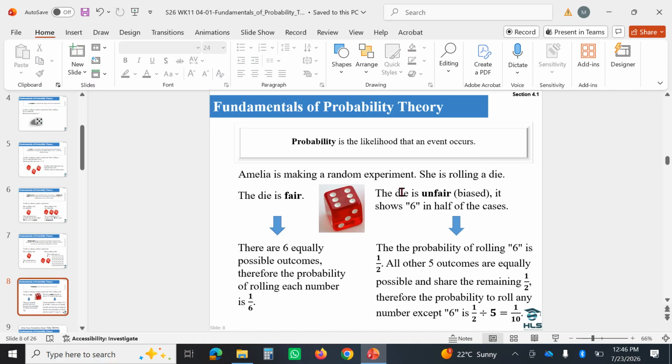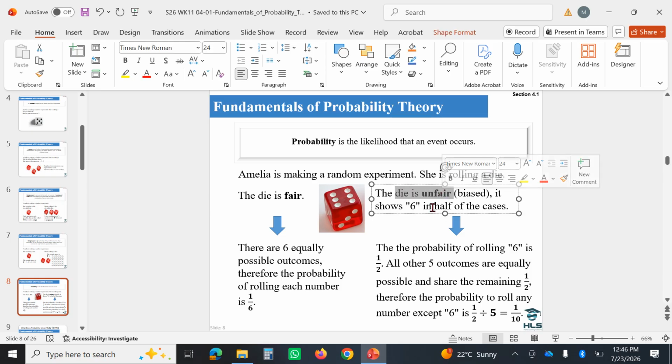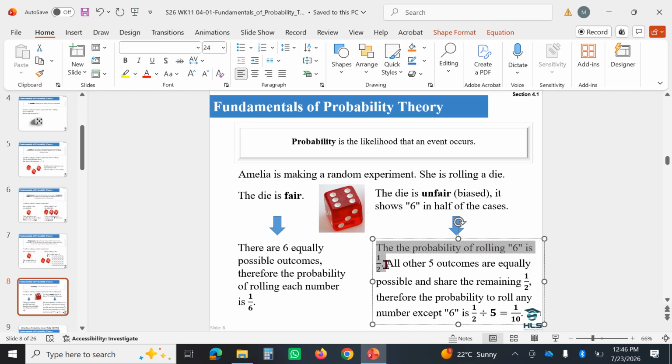So, in this particular case here, the die is unfair. It shows 6 in half of the cases. So the probability of rolling a 6 is a half, right? 50%. So if rolling a 6 is 50%, that means rolling a 1, 2, 3, 4, 5 is also 50%. So all of the 5 outcomes are equally possible and share the remaining 50% that's left over within the probability of 100%.